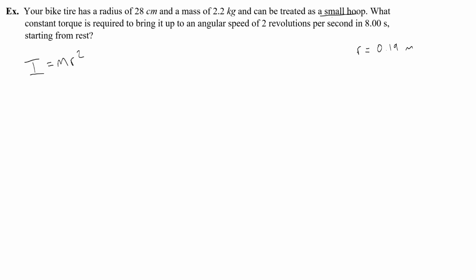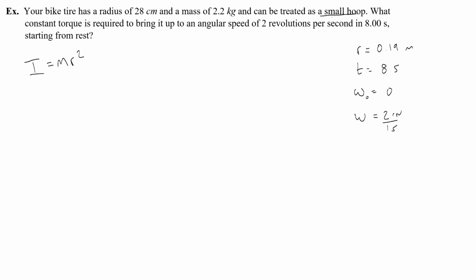What constant torque is required to bring it up to an angular speed of 2 revolutions per second in 8 seconds? Okay, that tells me that the time it takes is 8 seconds. The initial angular velocity, you could say omega i or omega f, I'm going to use omega naught for this one. Omega naught is 0. And omega, the final angular velocity, is 2 revolutions per second.